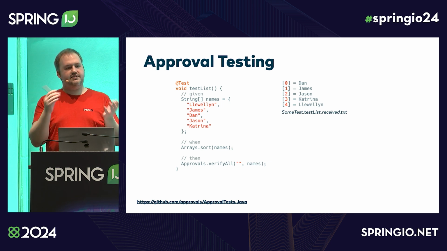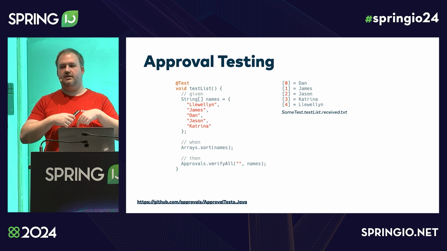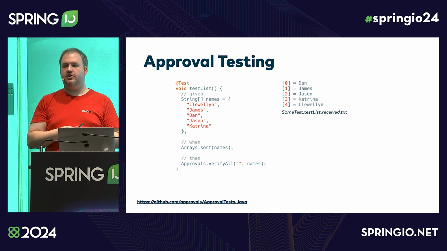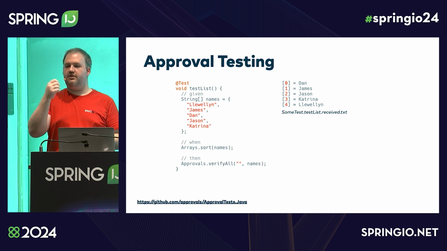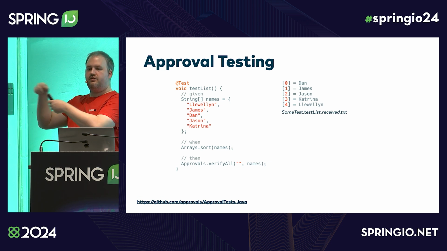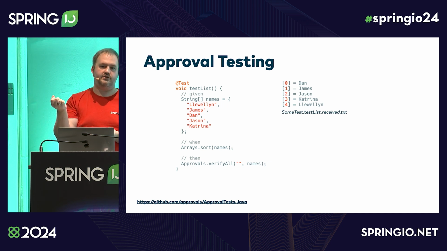But if you are in a legacy application, that may be a good fit for getting some tests, because you don't need to specify your own assertions. You just print something into a file, then you can change your code, and afterwards you look, the output should look the same, right?